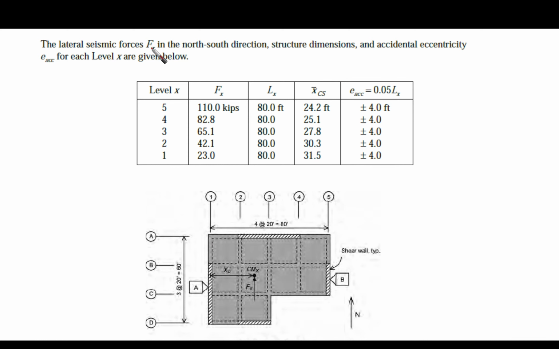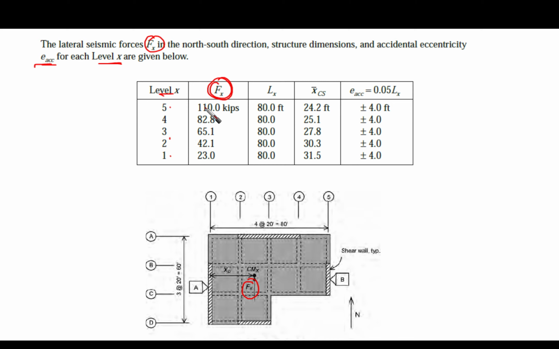The lateral seismic force Fx, in the north-south direction, and the structure dimensions and the accidental eccentricity for each level are given below. We have the level, which is the story. It's 5 stories, so we start from 1, 2 until 5. Fx is the lateral force, which we can obtain from the analysis.